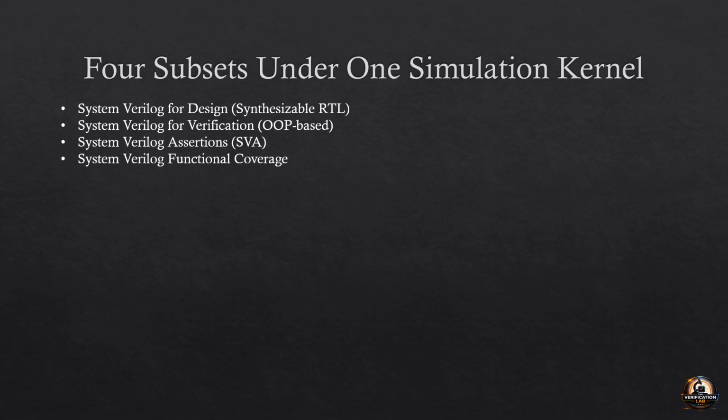At last, we have SystemVerilog functional coverage, used to measure how much of the design has been tested. These are very broad concepts and I have defined them in a concise manner here. In the upcoming sessions, I will be discussing each and every concept in depth. So together, this makes SystemVerilog a complete solution.